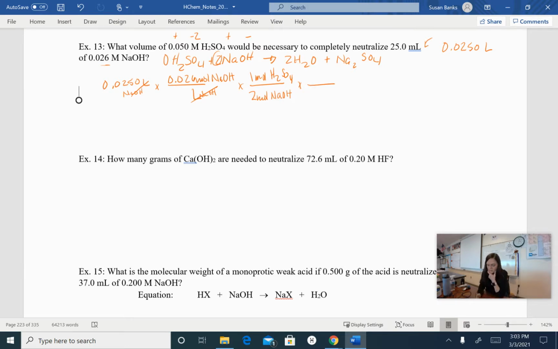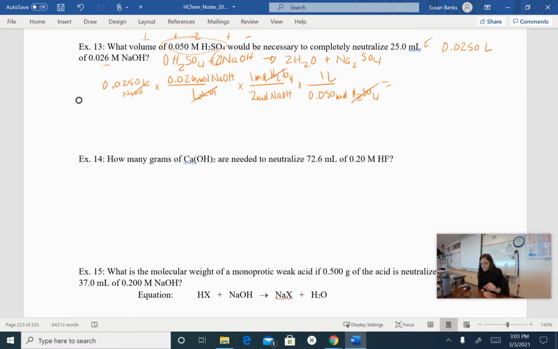And then I want a volume. So I can use this concentration right here to get me a volume. So I have 0.050 moles of sulfuric acid in 1 liter of solution. So my moles of sulfuric acid cancel out, and I'm left with liters.